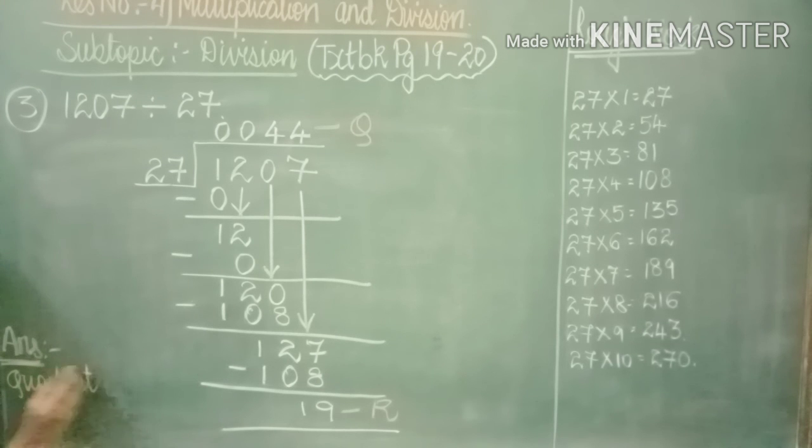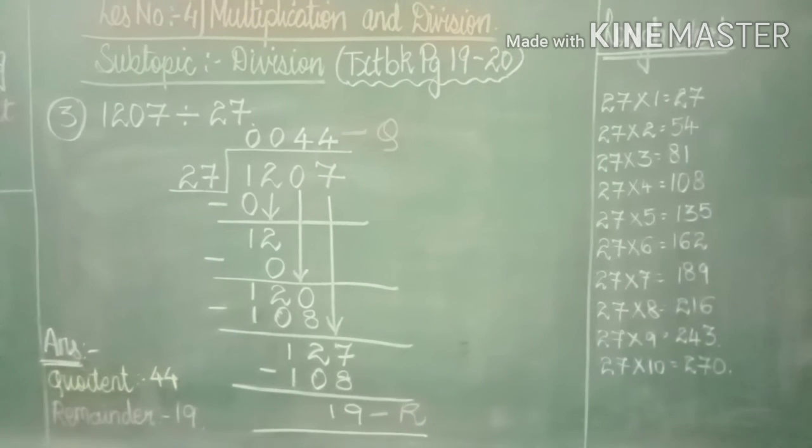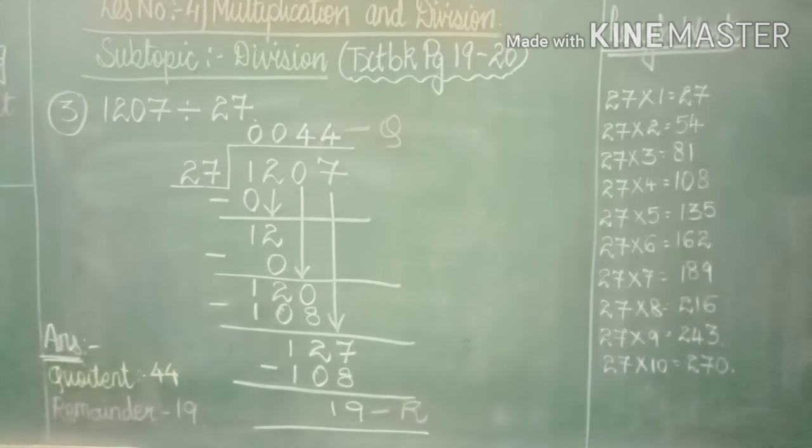Quotient is 44. Remainder is 19. So the answer for 1207 divided by 27: quotient is 44 and remainder is 19.